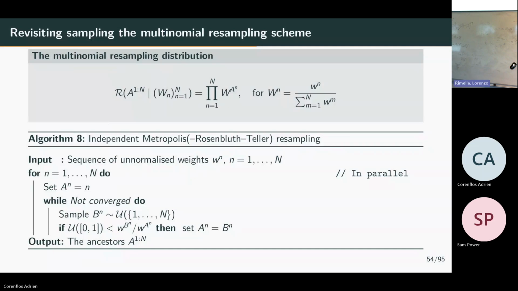Now if I want my total variation, started at any point, to be less than a given epsilon, then all I need is n equals log epsilon divided by log of 1 minus beta. So I need to iterate my MCMC.